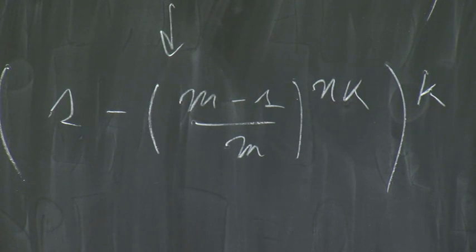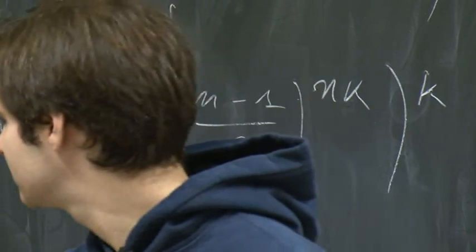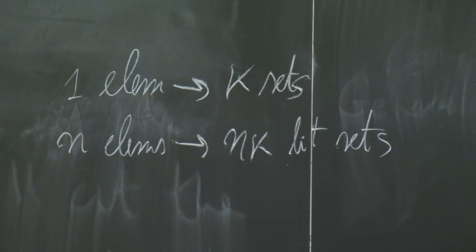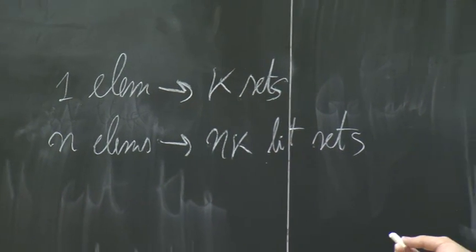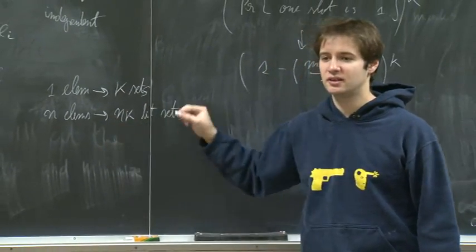So say one element sets how many bits? One element sets k bits in the table. Not necessarily different bits, just independent bits. So if you have n elements, altogether they set n times k bits.